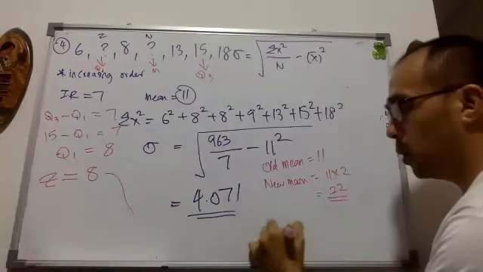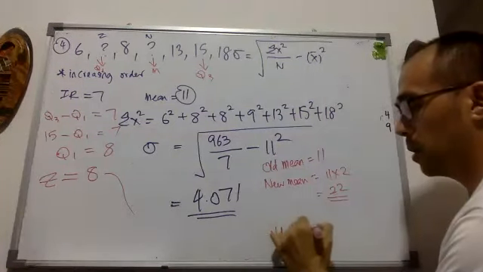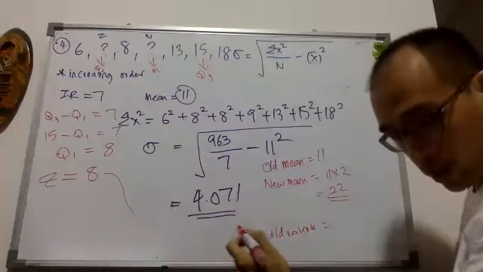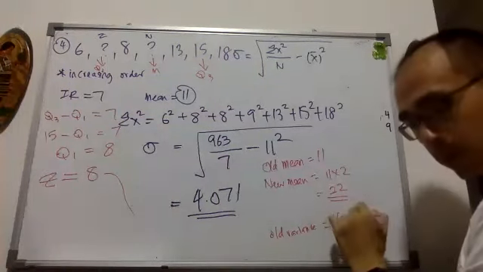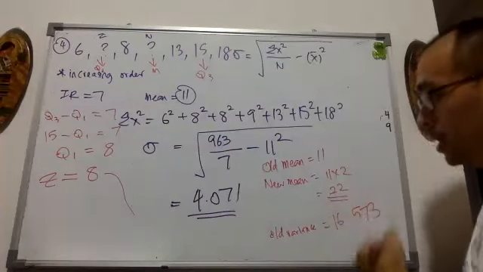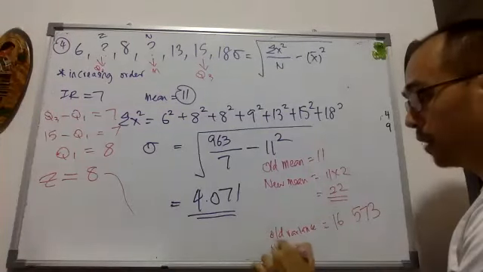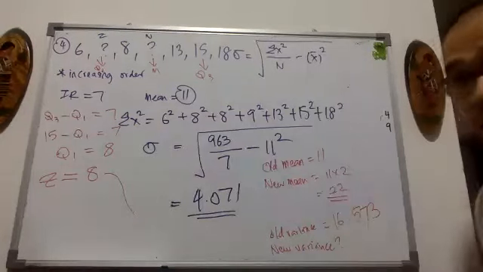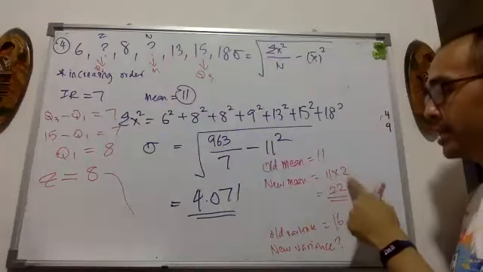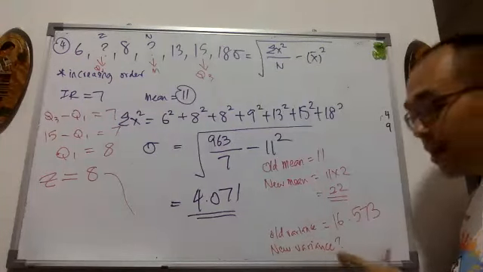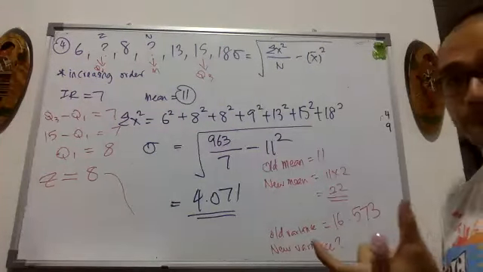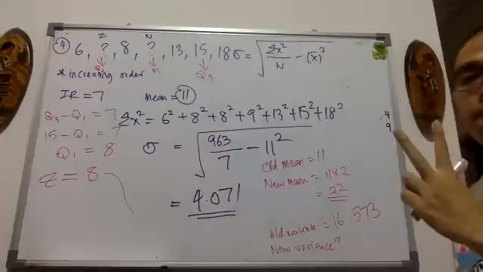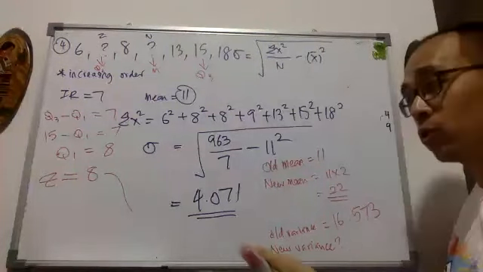But the question now is our variance. Our old variance is not this one. This is standard deviation. So we raise it to the power of 2, we will get 16.573. What about our new variance? That's the question we need to ask. If the new mean is just times 2, variance is slightly different. We have to multiply it twice.